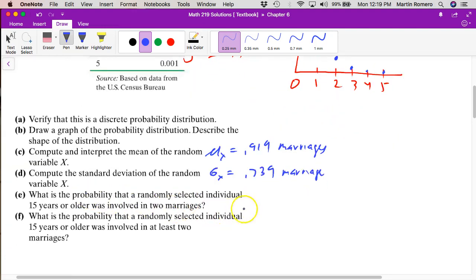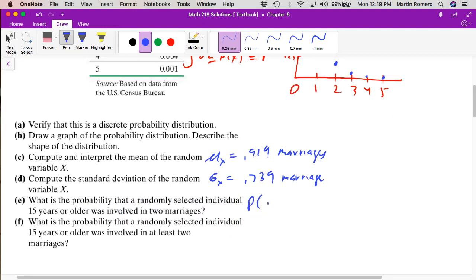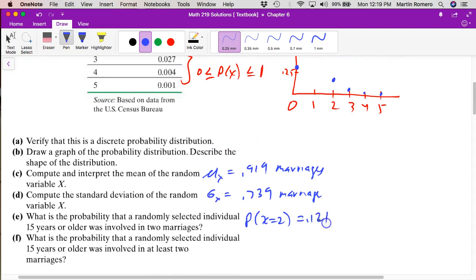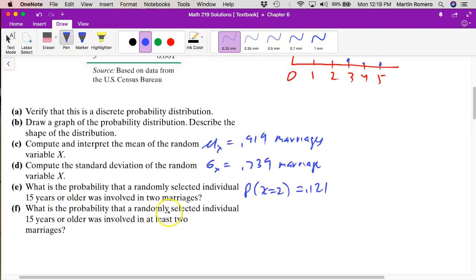What is the probability that a randomly selected individual 15 years old or older is involved in 2 marriages? That's the probability x equals 2, easily answered, 0.121. What is the probability that a randomly selected individual was involved in at least 2? At least 2 is x equal to 2, 3, 4, and 5. So we want the probability that x is greater than or equal to 2.